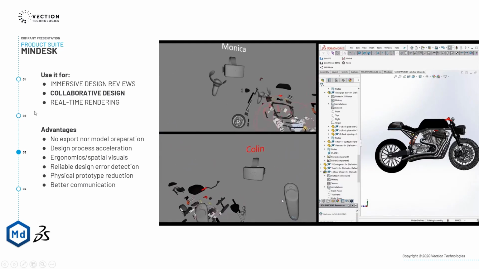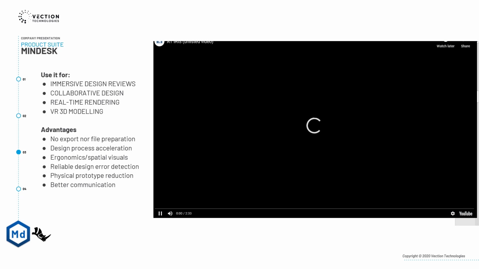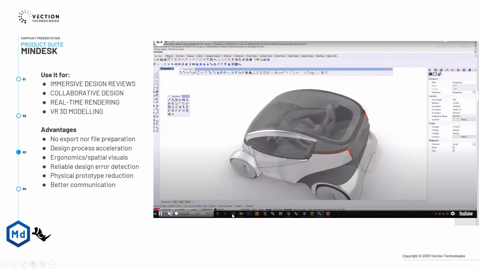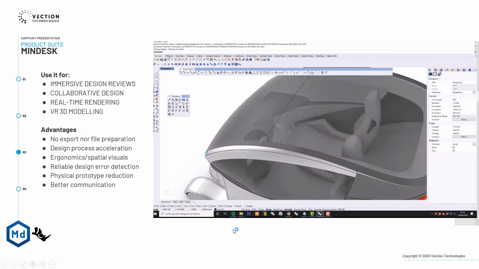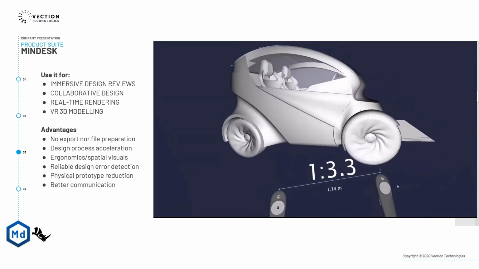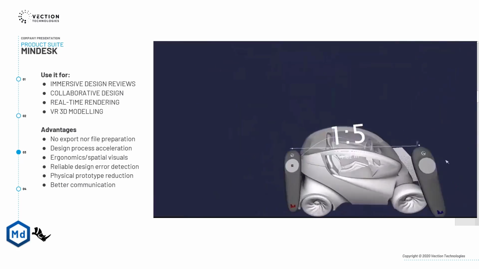So I'm going to go to the next slide. For those of you who are also using Rhino, I just wanted to say that there is a plugin for Rhino as well, and it works very similarly. It has a few more features in terms of editing.